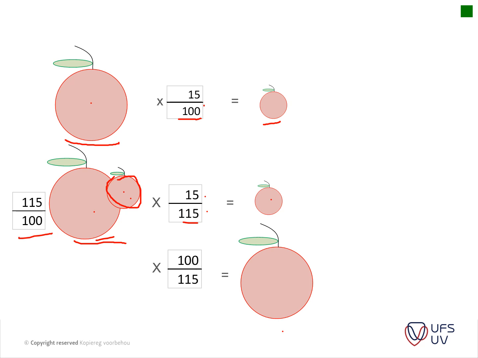If you do want to get to 100% of this item, it's easy. You've got your base, you still make it 115 because it already includes your 15%, and then you just times it with 100 over that to get back to 100, same as what you did here, where you just added 15 over 115 to get your 15%.